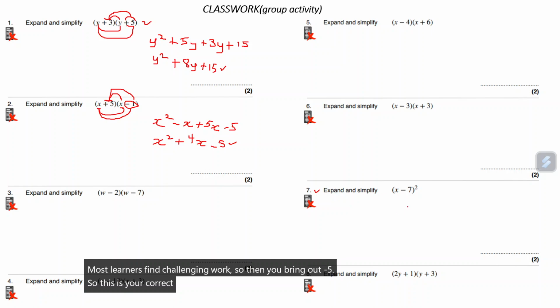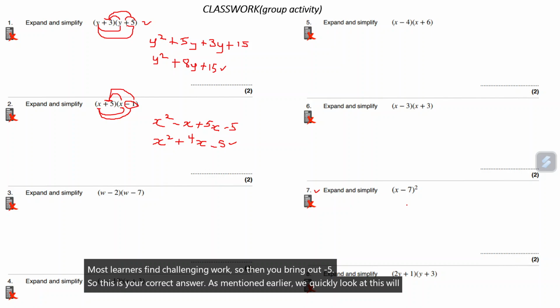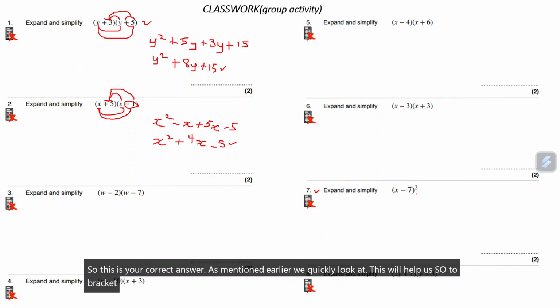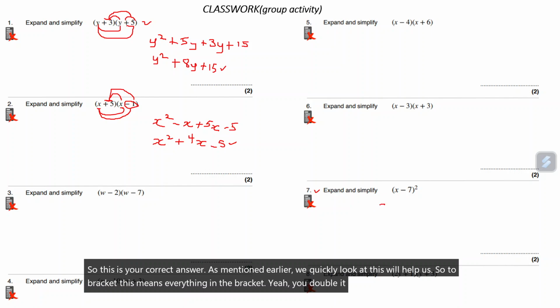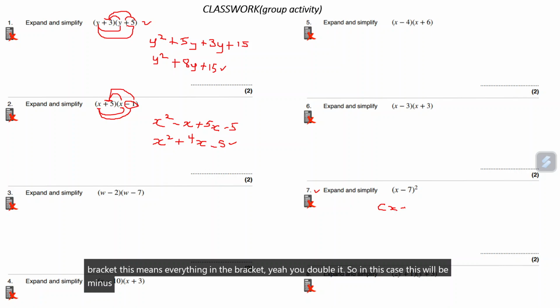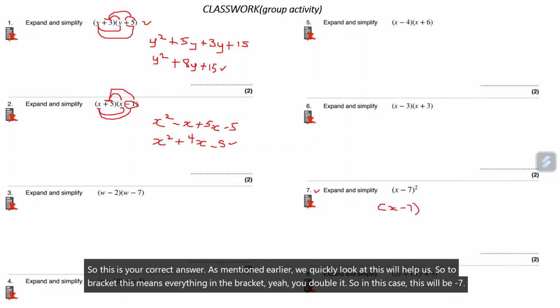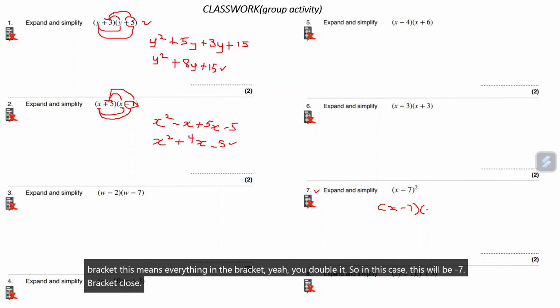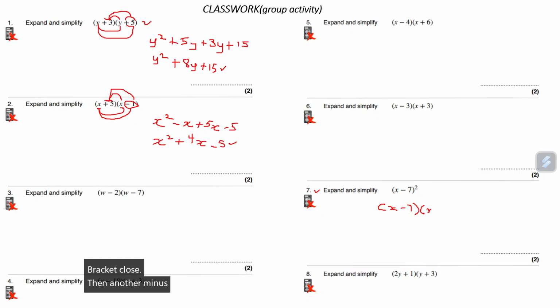As mentioned earlier, we quickly look at this. This will help us. So to square this bracket means everything in the bracket, you double it. So in this case, this will be minus 7, bracket close, then another minus 7, bracket close.